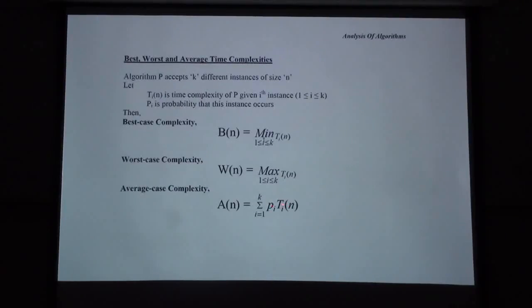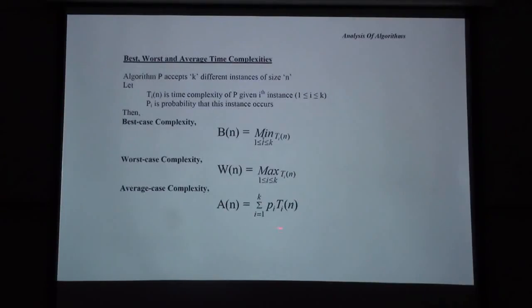So p_i times t_i of n. For bubble sort with n equal to 10, how many terms will we have here? 9. So we'll have p1 t1 plus p2 t2 plus p3 t3, etc., all the way down to p9 times t9. Okay, do you understand, right? So that's the average case.